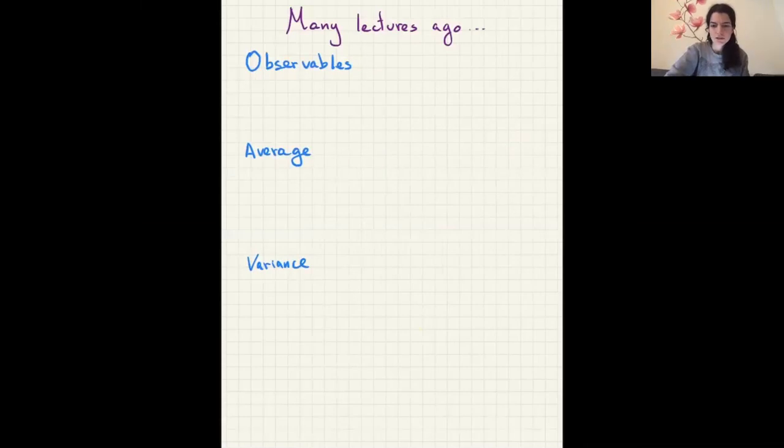And we need to do a little bit of recap from something we've done many, many lectures ago. We defined some observable A as a sum over the different outcomes, a label for the outcomes and the projector of the outcome.